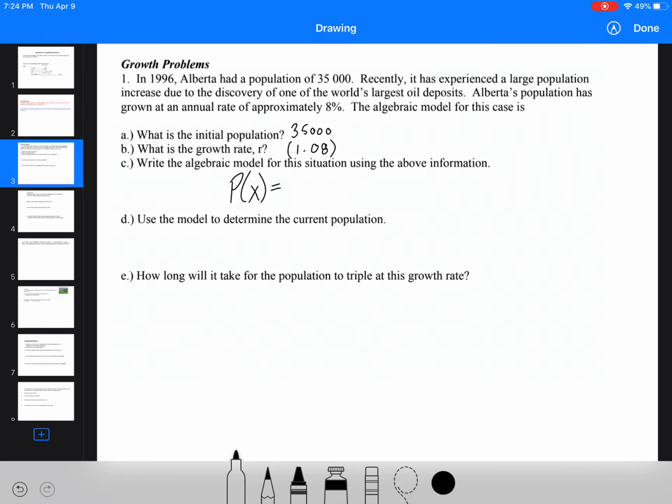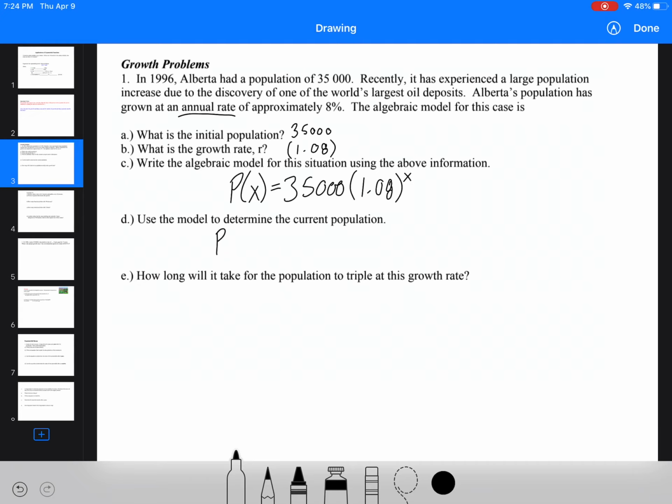So then the equation, if we were looking at population, typically you would have P of x. You could write it as f of x, it's not a big deal. So P of x equals 35,000 times 1.08. And then we've really got to just look back to the question. It's an annual growth rate, so that just means x is going to be given in years.